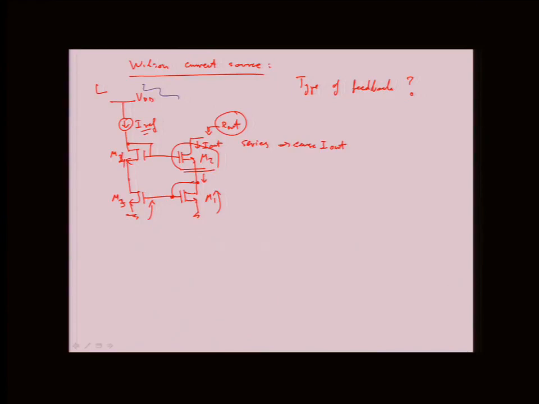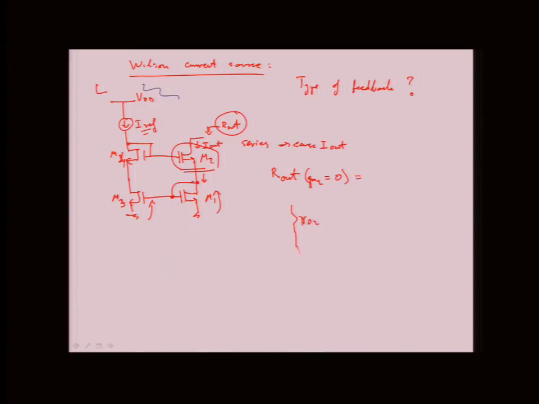Okay, what is R out when the gain is equal to 0? So active elements, in this situation, all that's left of M2 is really just the RO2.